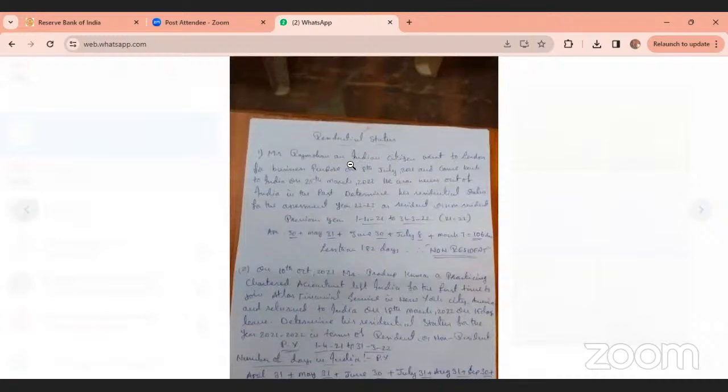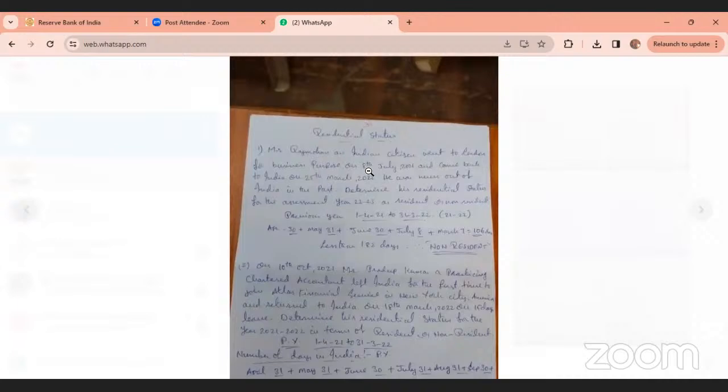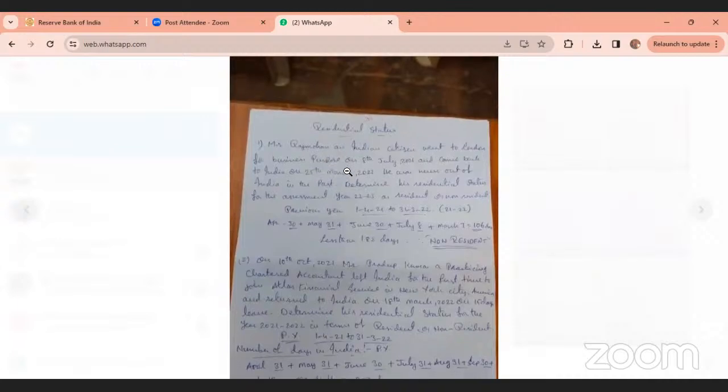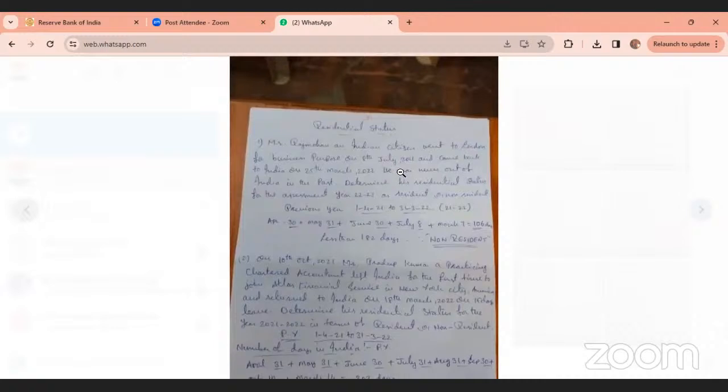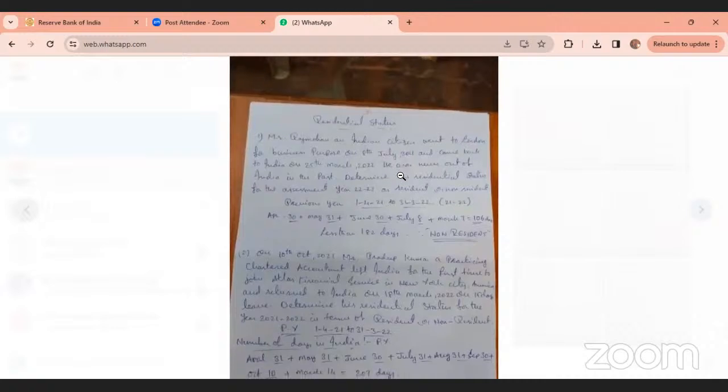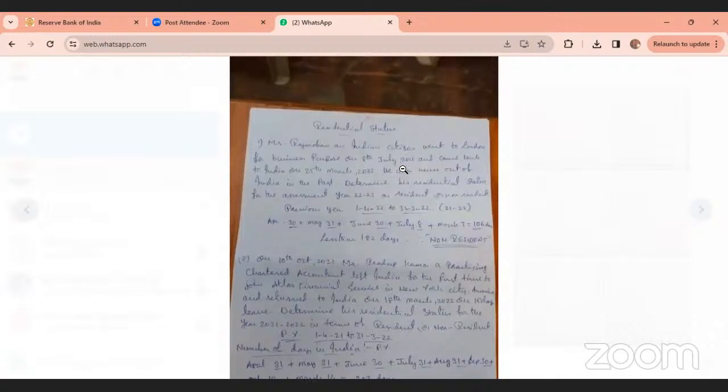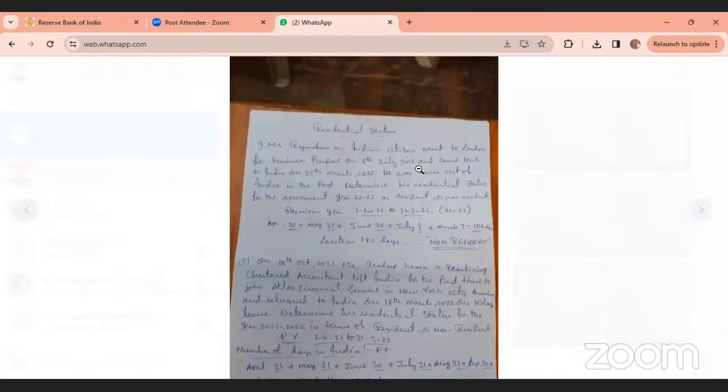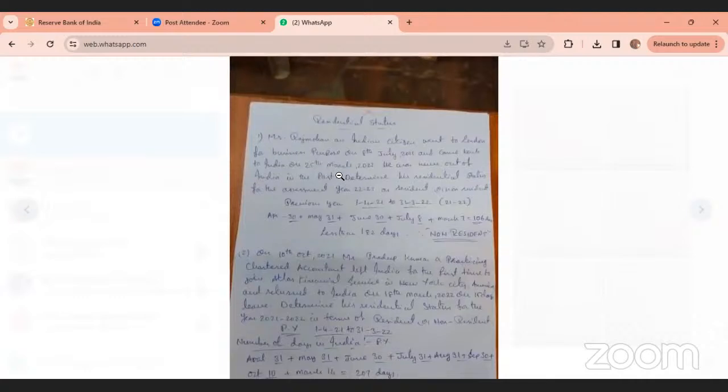Mr. Rajender, an Indian citizen, went to London for business purpose on 8th July 2021. Here, concentrate on the date and year, 8th July 2021, and came back to India on 25th March 2022.